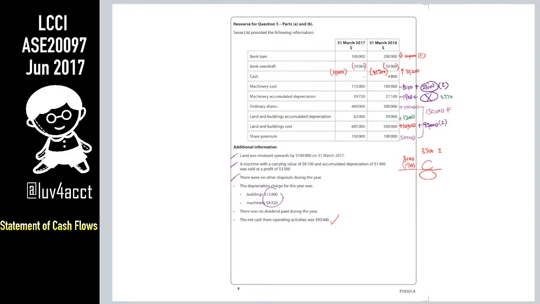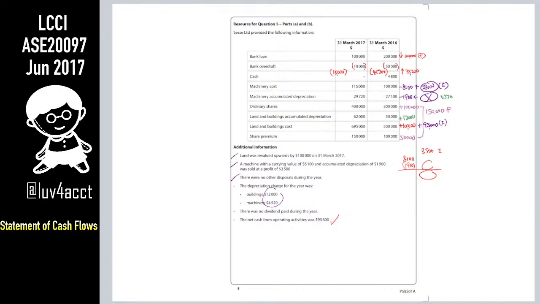Okay, as we have net increase, yes it is an increase, in cash and cash equivalent.